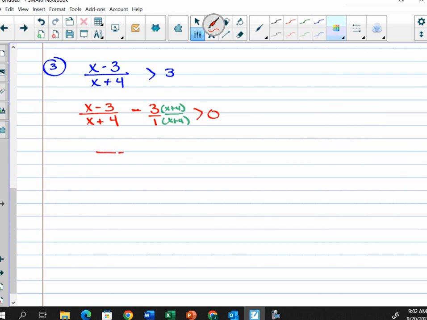Now be careful, because you're distributing a negative 3 to that x plus 4. I'm going to have x minus 3 minus 3x minus 12 all over x plus 4. So I have negative 2x minus 15 over x plus 4.